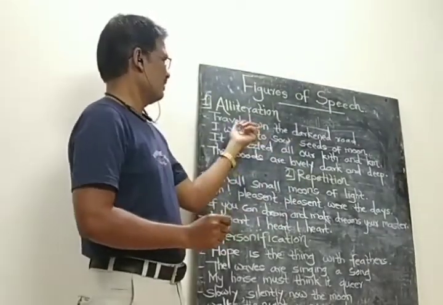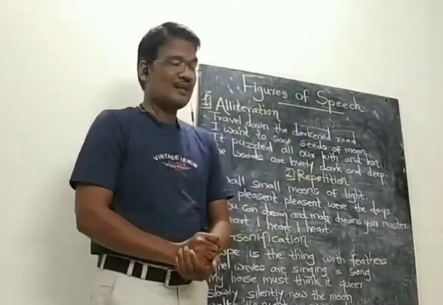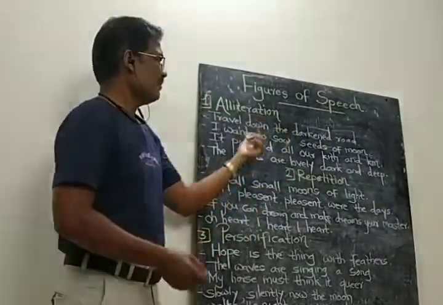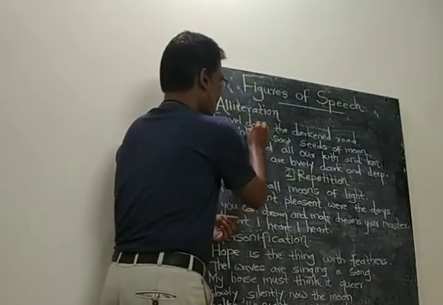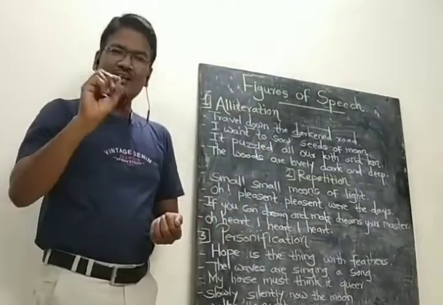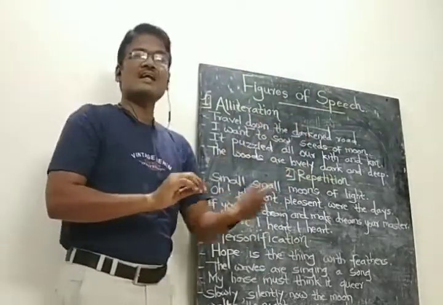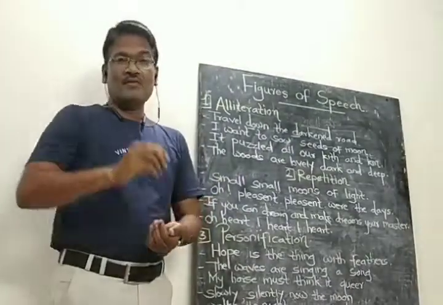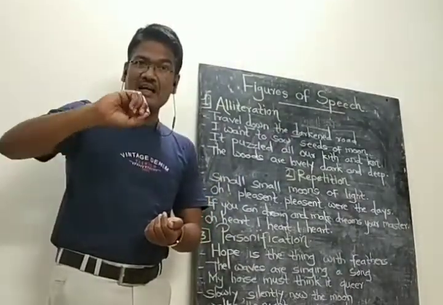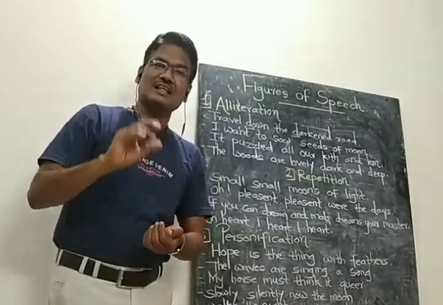For example, travel down the darkened road. In this line, see, down and darkened. In sentence number 1, sound D is repeated again and again. When a sound is repeated again and again, this figure of speech is known as alliteration.